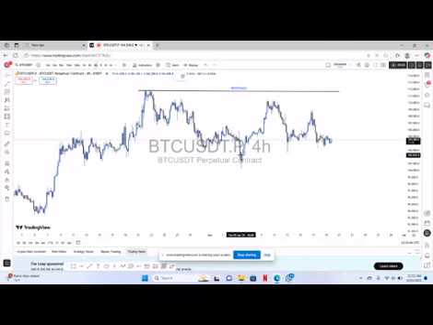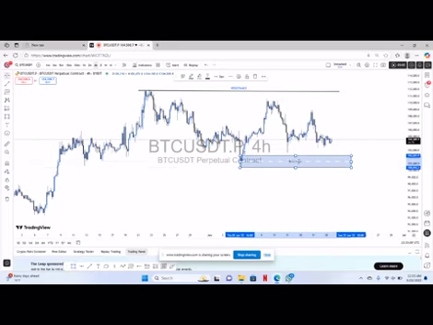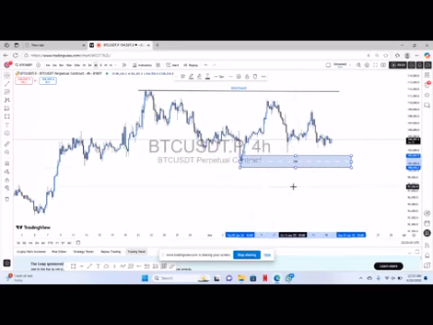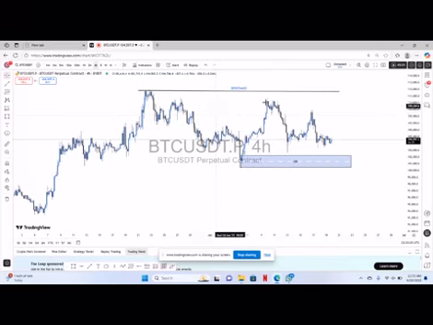This other block is supposed to give us a break of structure. This is another block, and this is a resistance zone.